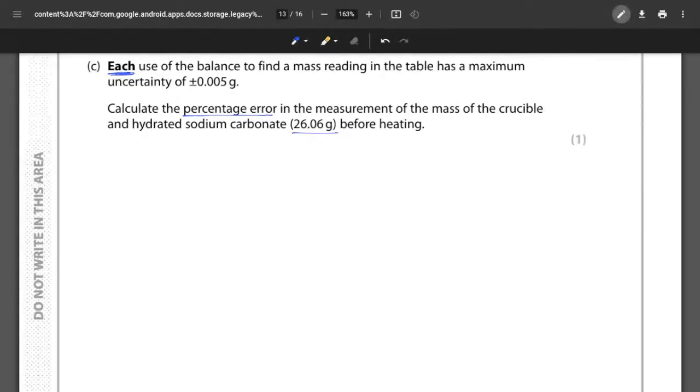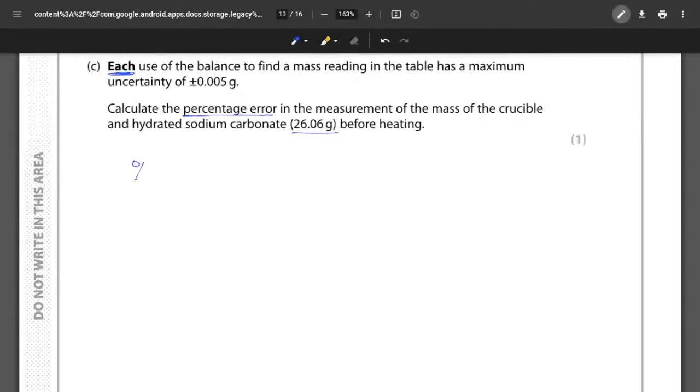Now, when it comes to using a balance, because we have to have a 0 at the start and we zero the balance, then we get the balance reading at the end once we put the crucible on it, we always have to multiply by 2, because the 0 at the start has an uncertainty of plus or minus 0.005, but so does the 26.06.